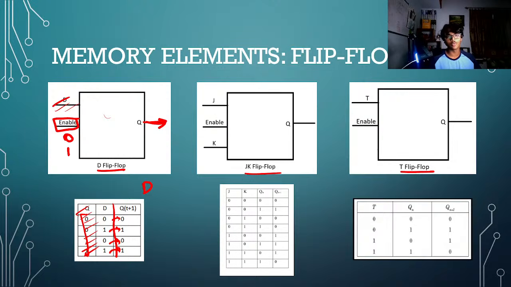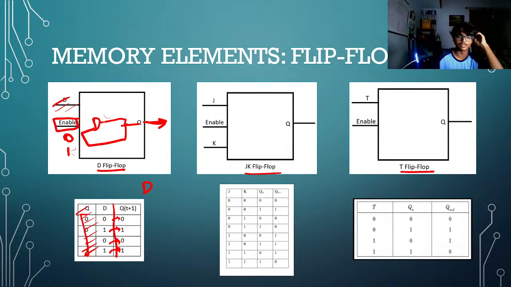I can get into what exactly is inside a memory element, but it's kind of beyond the scope of this session. I can tell you it's fundamentally just made of different gates, but they're arranged in such a way that the output is fed back into the gates along with the input and enable in such a way that it holds memory.